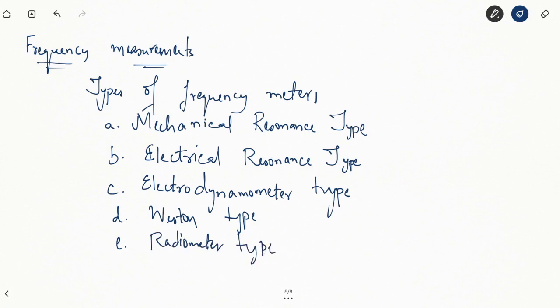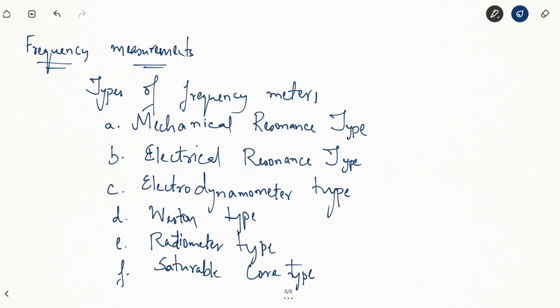Number five, we have the ratiometer type. And lastly, we have the saturable core type.